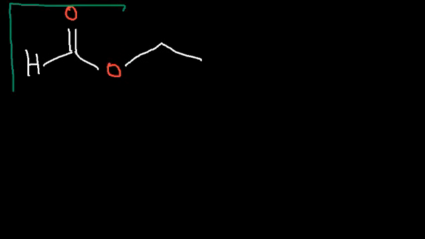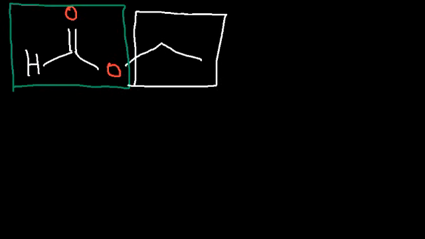So this is the part that has both oxygens, and here is the other part. So the part that doesn't have both oxygens has two carbons, so we're going to name that first. 2 is associated with ethane, but we're going to add the suffix YL, and we're going to replace the ANE with YL. So instead of saying ethane, we're going to say ethyl.